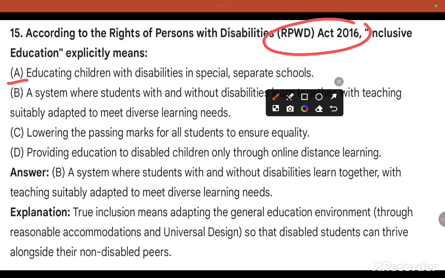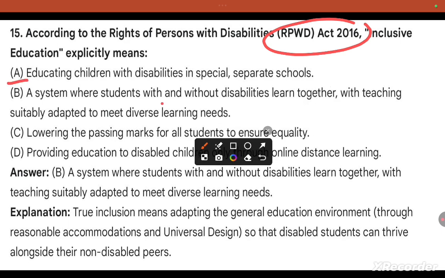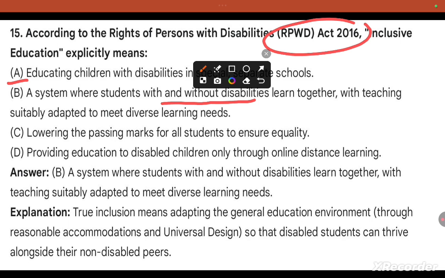B. A system where students with and without disabilities learn together, with teaching suitably adapted to meet diverse learning needs. C. Lowering the passing marks for students to ensure equality. D. Providing education to disabled children only through online distance learning. So the answer is B.